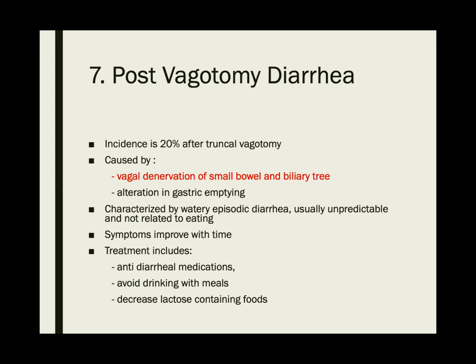So if we do truncal vagotomy, then the whole GI tract would be paralyzed. We will lose the peristaltic movement. There will be constipation and so on.